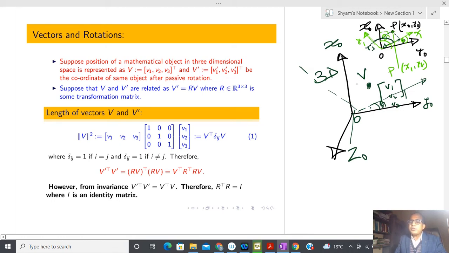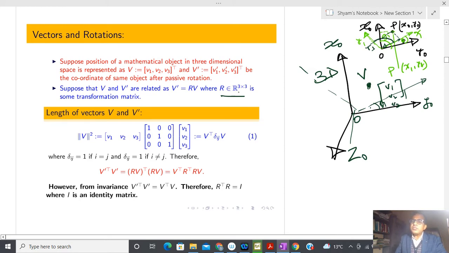It is possible to show that there always exists some kind of matrix whenever we rotate something. I don't know yet what kind of matrix this is, call it R, but it has 3 cross 3 entries, and each entry is some kind of real number.